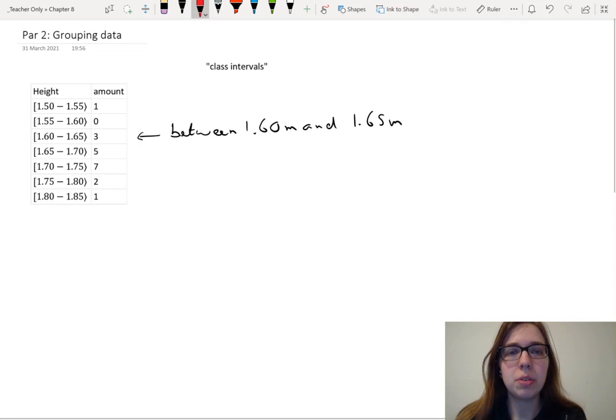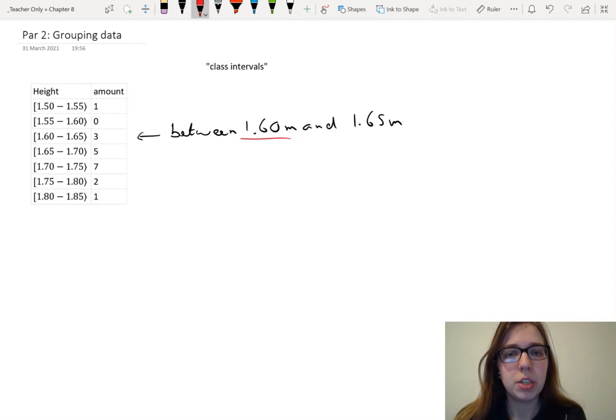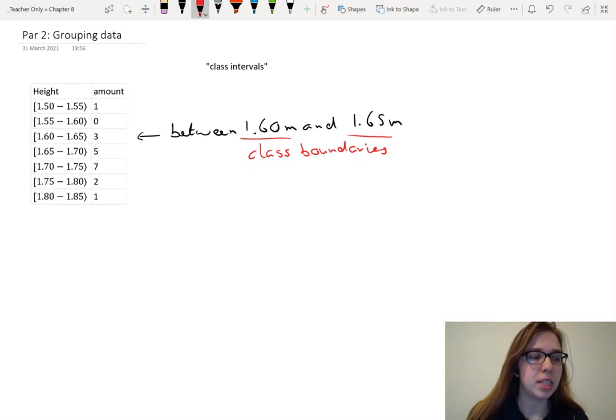Now these two numbers, we call them the class boundaries. The boundaries of this particular class.